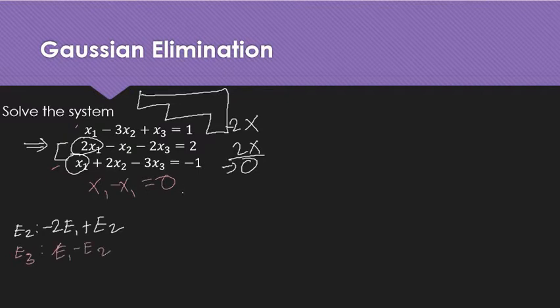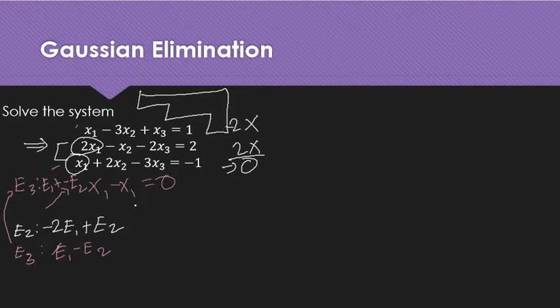So that will just be 0. Now, just take note that subtracting is the same as equation 1 plus the negative of equation 2. So this follows actually the third operation, adding by a multiple, but the multiple is negative 1. So let's now do our operations.